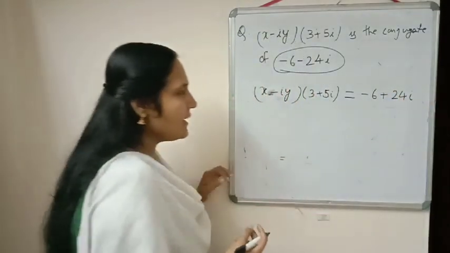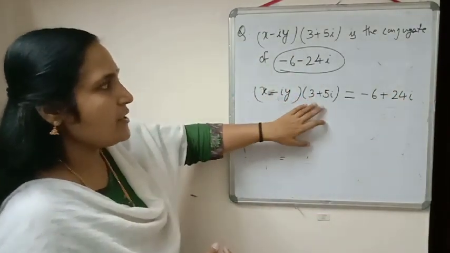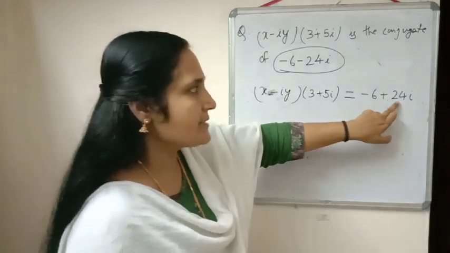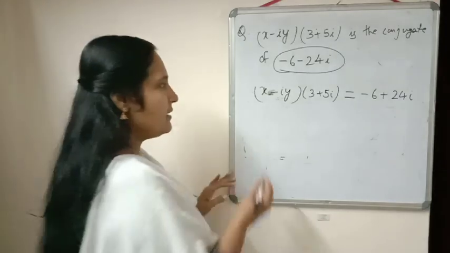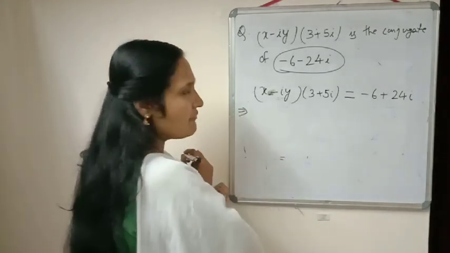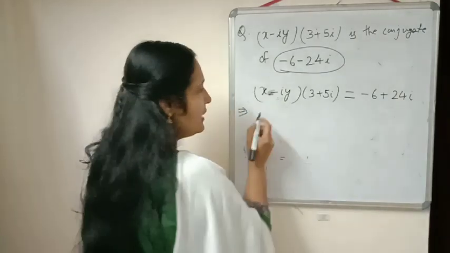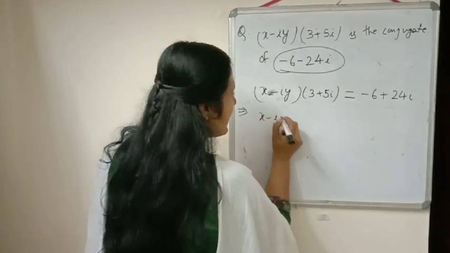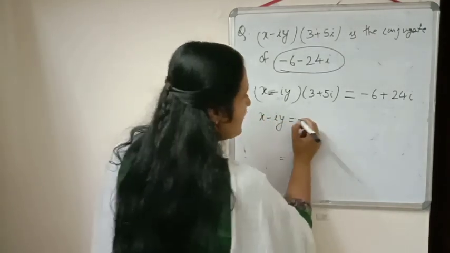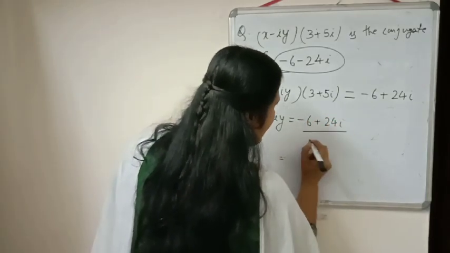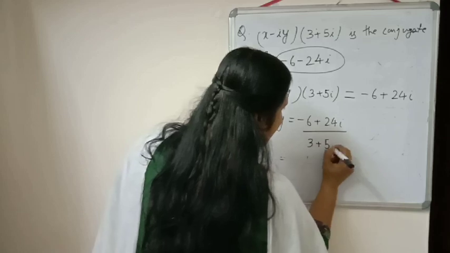So just equate (x minus iy) into (3 plus 5i) is equal to minus 6 plus 24i. Now we will find out the values of x and y. So 3 plus 5i we can shift to right hand side. Then it will come x minus iy is equal to (minus 6 plus 24i) by (3 plus 5i).